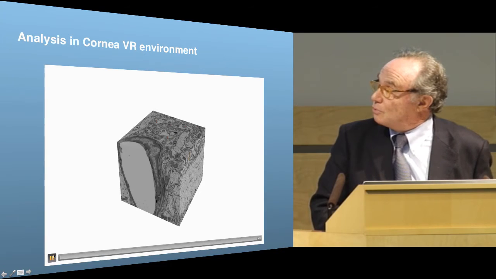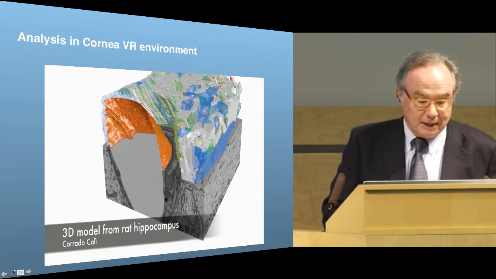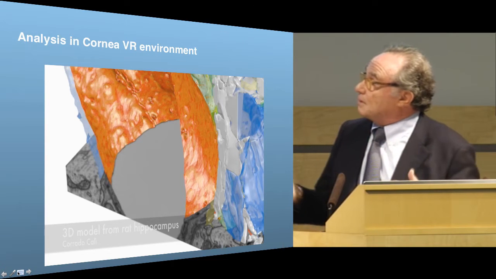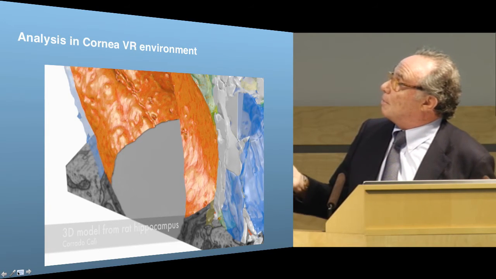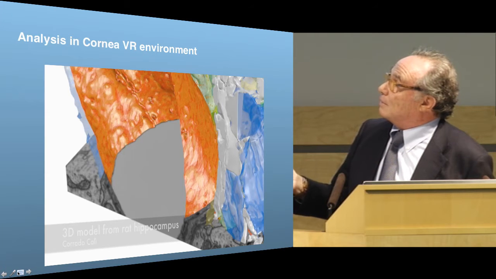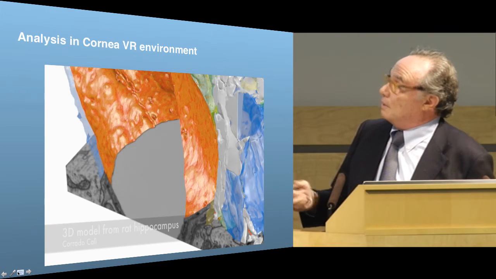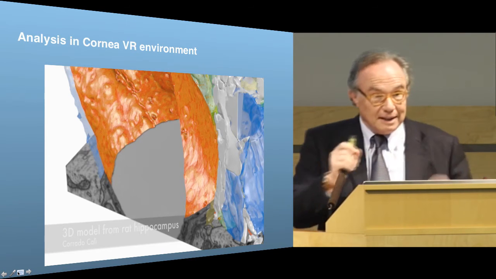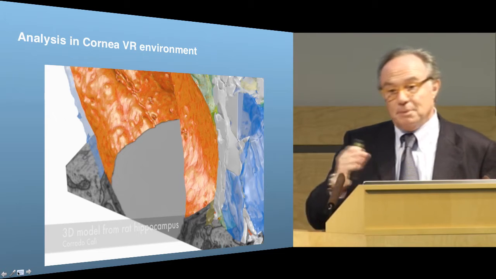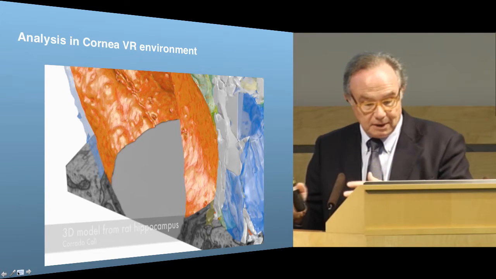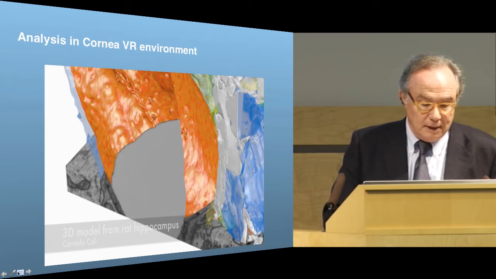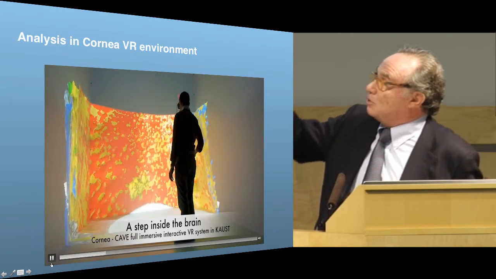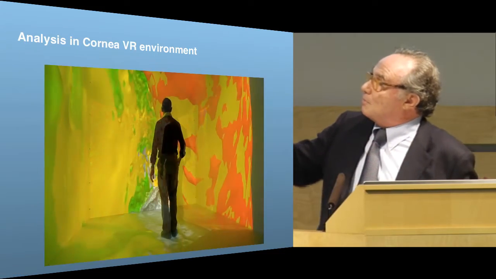So we did this work in what is called the CAVE, which is a 3D full immersion facility at KAUST, using 3D reconstructed stacks of a block of cortex, and then segmentation, identifying each cell type: astrocytes, blood vessels, neurons, axons. Then we were able to transform this into a 3D virtual reality.